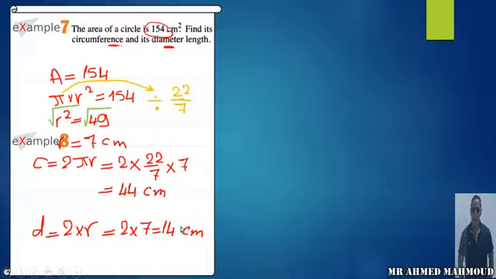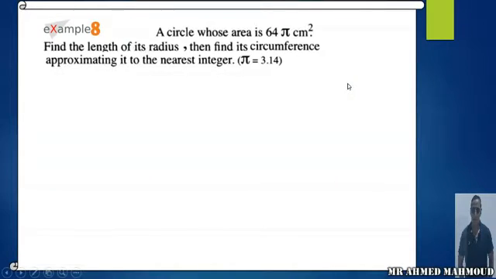The second example, the next example, a circle whose area equal 64 pi. Find the length of its radius, then find its circumference. Now we have the given, its area equal 64 pi.